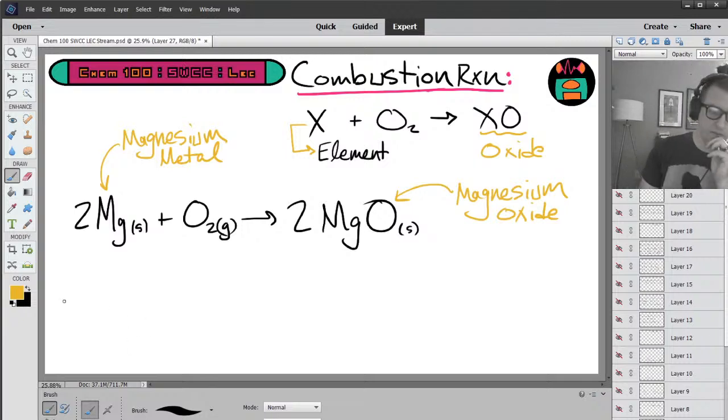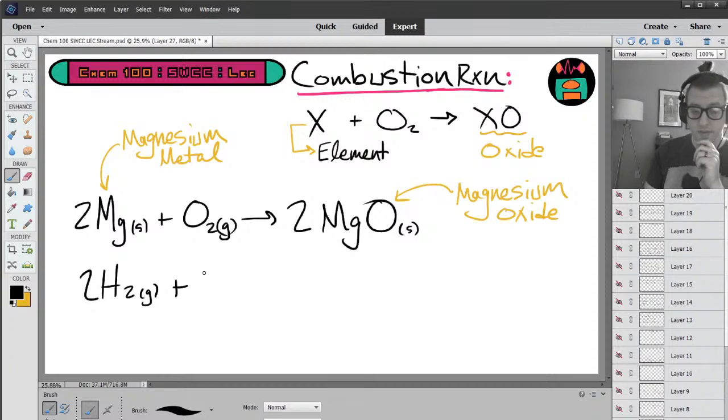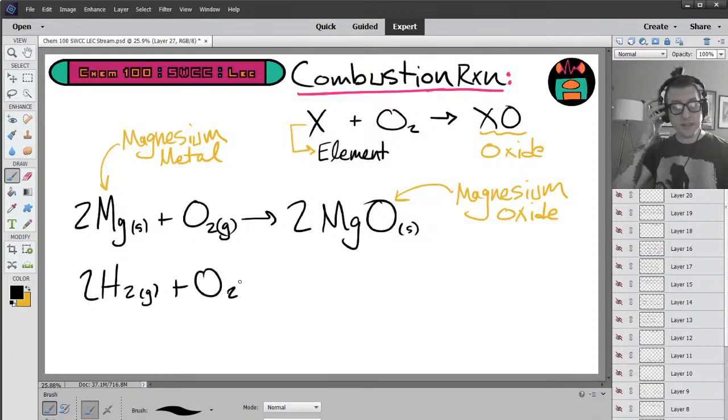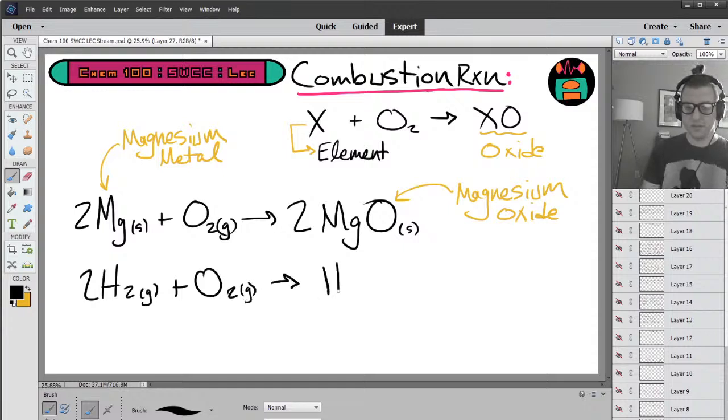You could have, for example, hydrogen gas, the combustion of hydrogen. Hydrogen reacting with oxygen to produce dihydrogen monoxide, aka water, right?